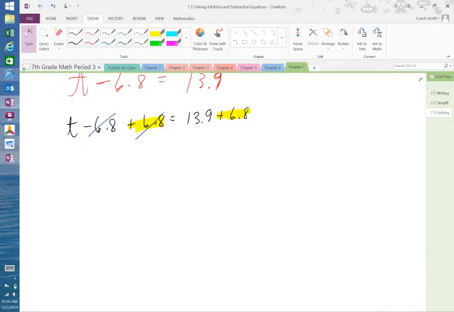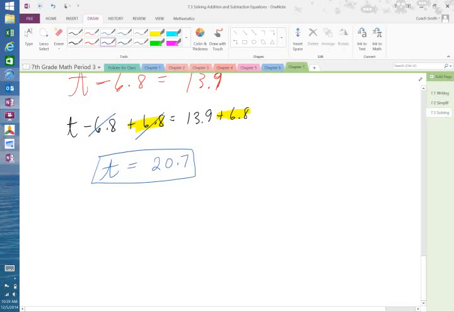That makes 0, and so that leaves me with T on the left side. Then I just simply take 13.9 plus 6.8 and add those two things together. You get 20.7. So really not necessarily a hard problem.